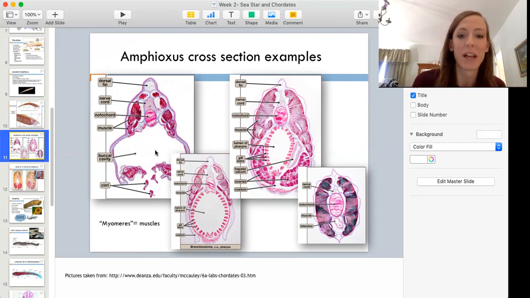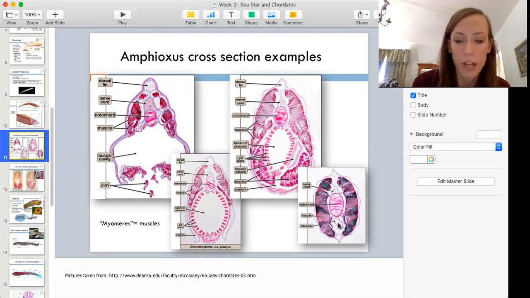All right, so that's where food begins its entrance into the amphioxus, as well as water, which will continue through the pharynx. And then the atrium is the space around that pharynx, and then food will pass through the intestine and out.